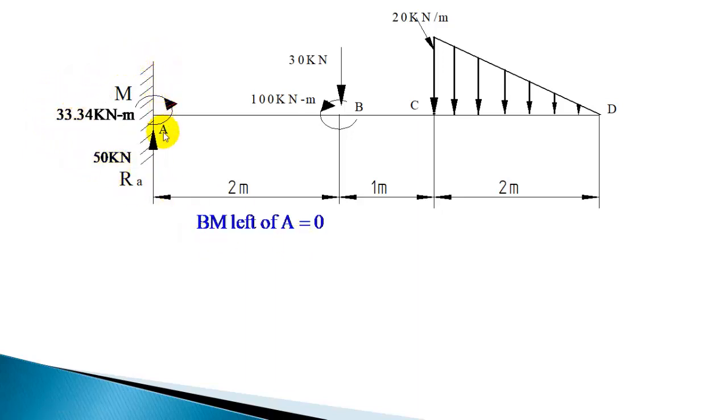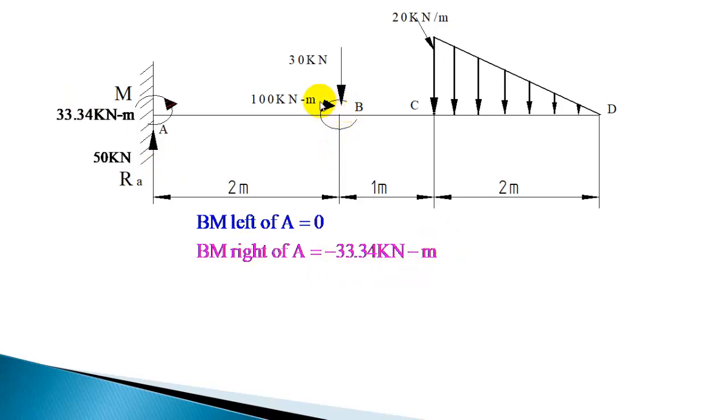When you move to the right of A, you should consider this couple, and the couple is acting in the anti-clockwise direction. So minus 33.34 kilonewton meter, and this force will not produce any moment because immediately right of A, the distance part is 0. So the moment of this force is negligibly small. So you will get bending moment right of A is minus 33.34.